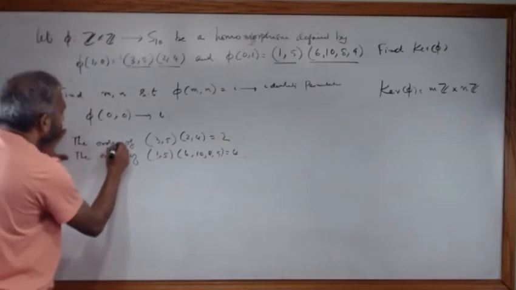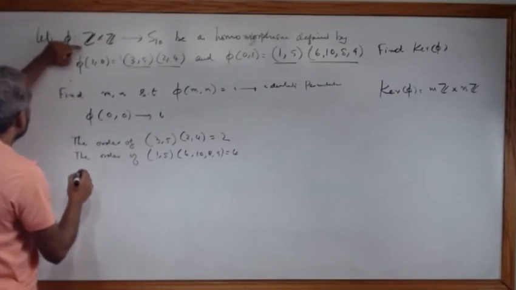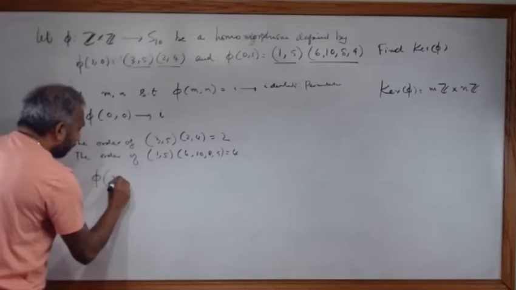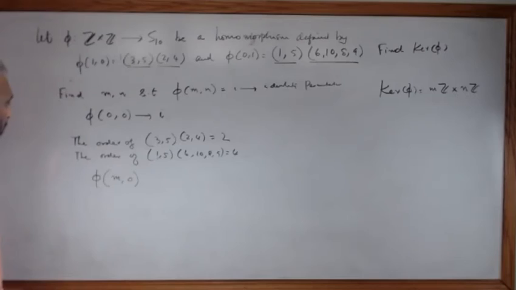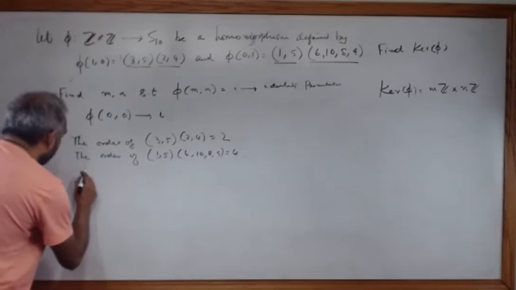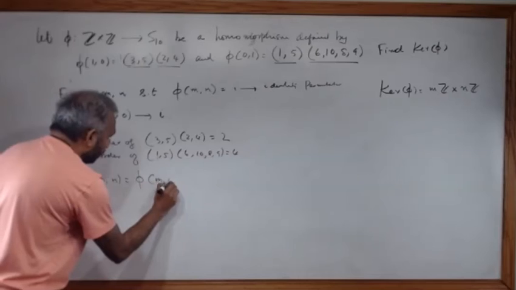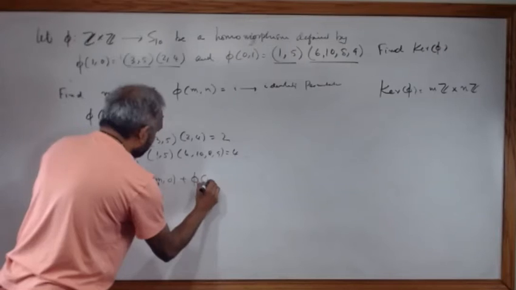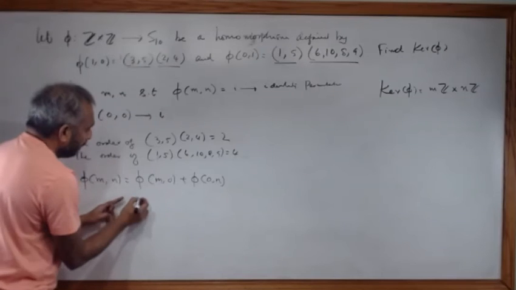Now, if you take an element like phi of (m, 0), we'll write it like this. We need to find out phi of (m, n), which is equal to phi of (m, 0) plus phi of (0, n).